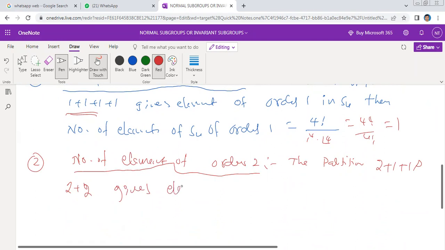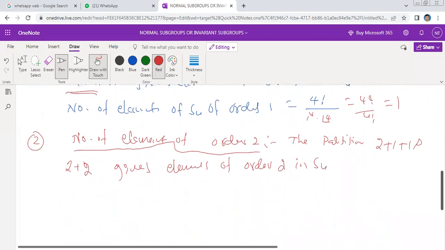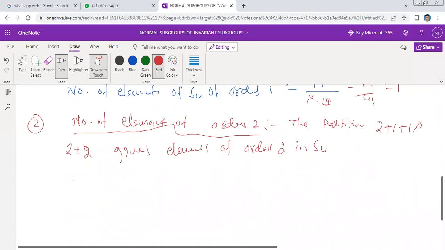2 plus 1 plus 1 and another one is 2 plus 2 gives elements of order 2 in S4. Therefore, number of elements of order 2 is equal to, yeah, same idea. You can apply the same idea.